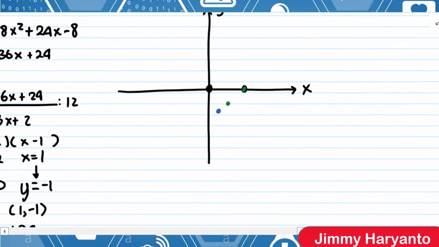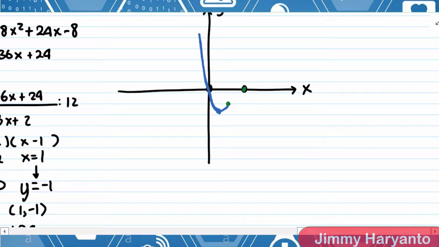Okay, so we have to connect the dots. To connect the dots you only have to start from the stationary point. The stationary point is right here, so your drawing should be like this. And then for this one the concavity has not changed, it's still concave up. After you touch the first inflection point, the concavity will change.